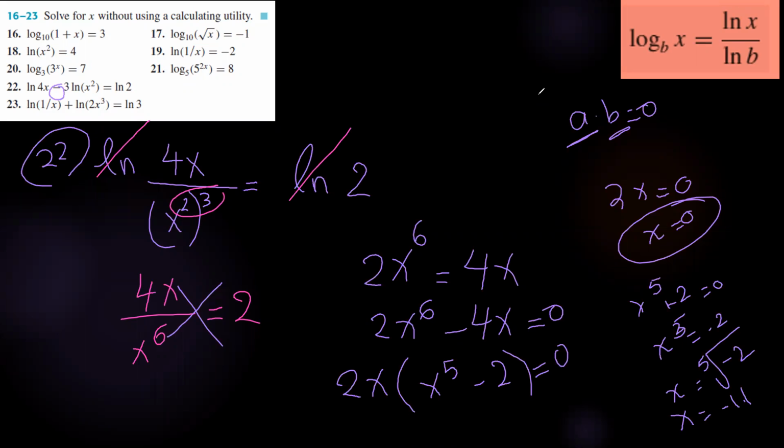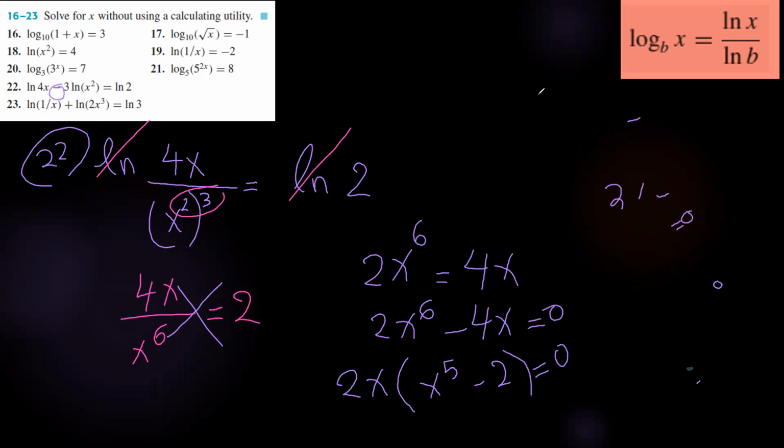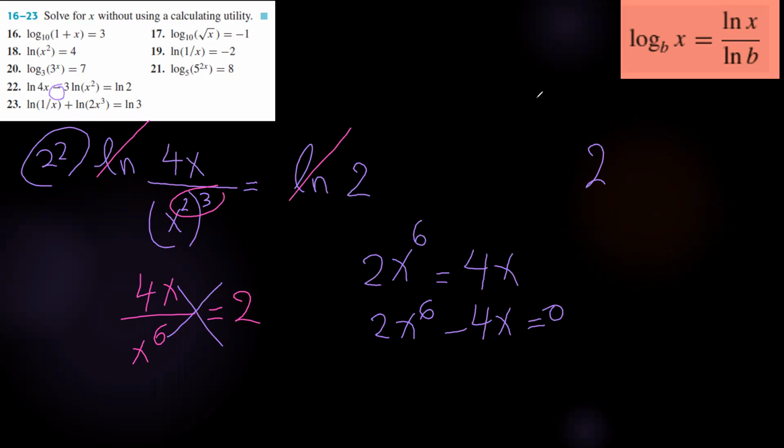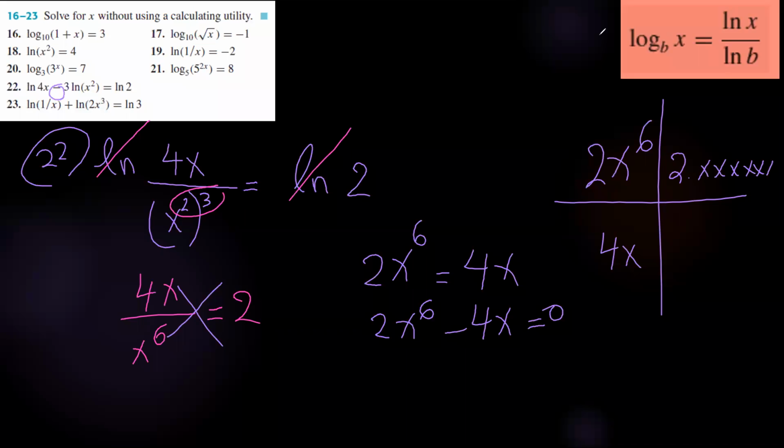So here you take 2x as a common factor. I will repeat it here in another way. What's the meaning of taking 2 as a common factor? Here we have 2x to the power 6 and we have 4x. Write the factors of them. We have 2 times 6 x's. And down we have 2 times 2 times 1 x. Then what is the common here?